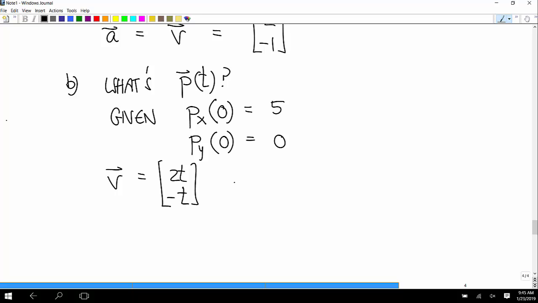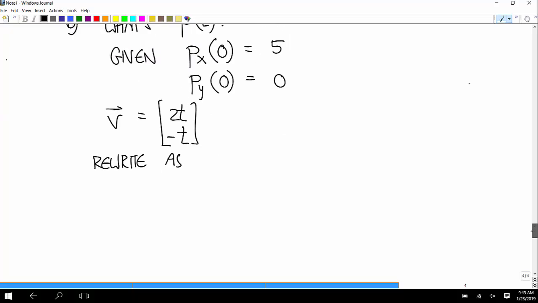And so I'm going to rewrite that as px dot is equal to 2t and py dot is equal to negative t. And then these are the boundary conditions that go along with it.